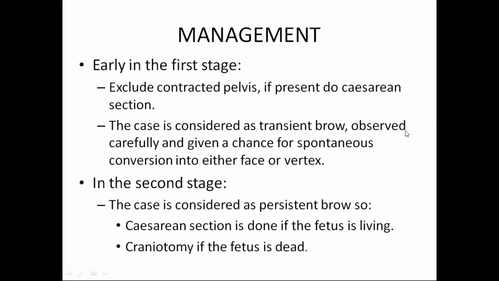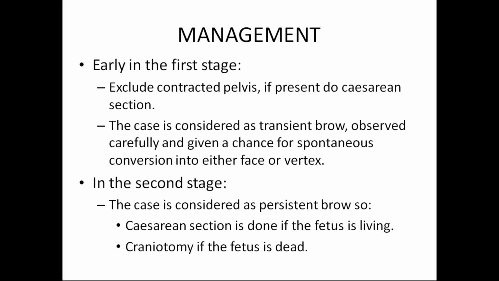So management: early in the first stage, exclude contracted pelvis, and if CPD is present, do a cesarean section. If it is a transient presentation, observe the mother carefully and give a chance. Keep watching the progress of labor and see whether spontaneous conversion can occur into either face or vertex.